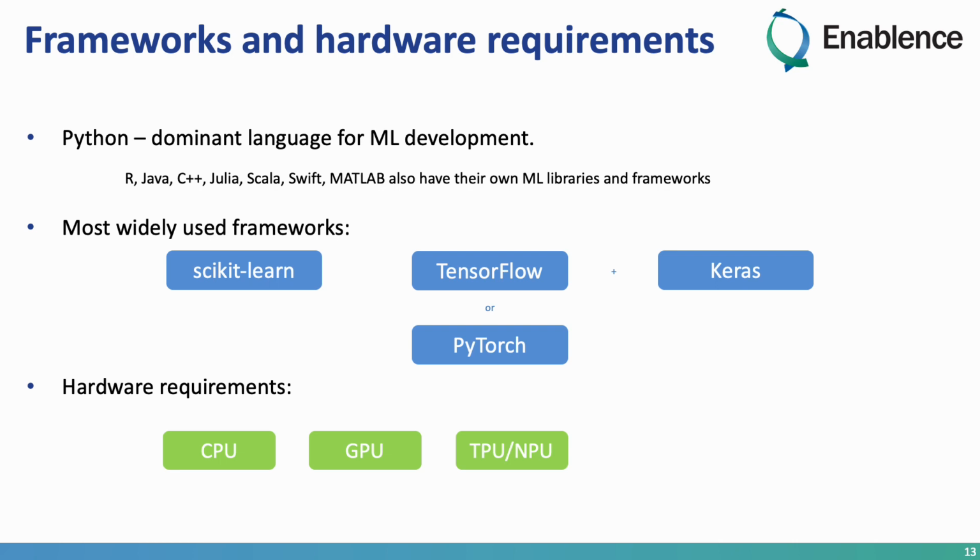Now, TensorFlow is an open source, comprehensive ecosystem for building and deploying machine learning models, including deep neural networks. It was developed by Google and supports many programming languages, including Python, Java, C++, and JavaScript. An alternative to TensorFlow is PyTorch.